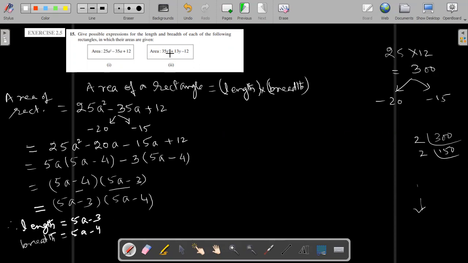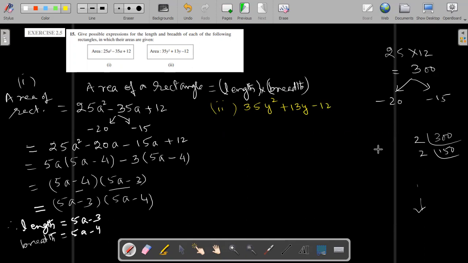Same question, we have the second part. In the second part also, we have been given the equation 35y square plus 13y minus 12.